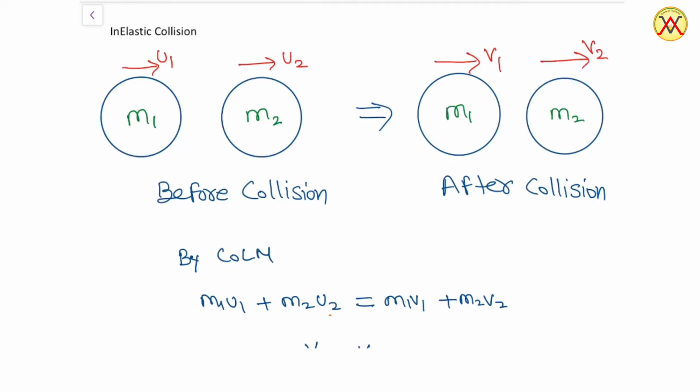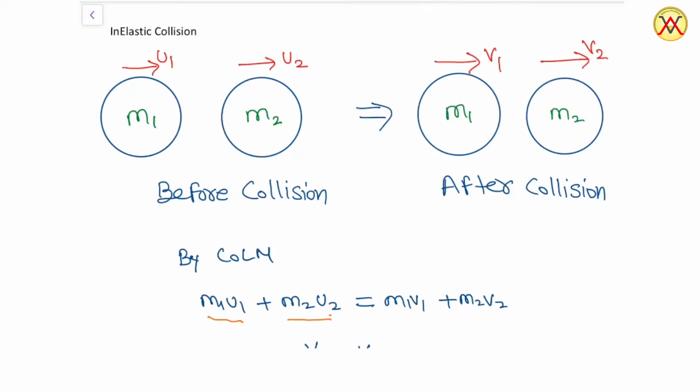If we apply the concept of conservation of linear momentum, the linear momentum of the system before collision is m1 u1 plus m2 u2, and this should be the same as the linear momentum after collision, which is m1 v1 plus m2 v2.